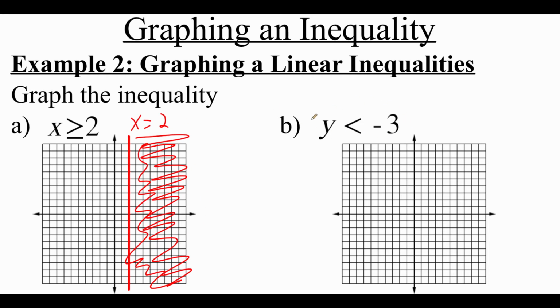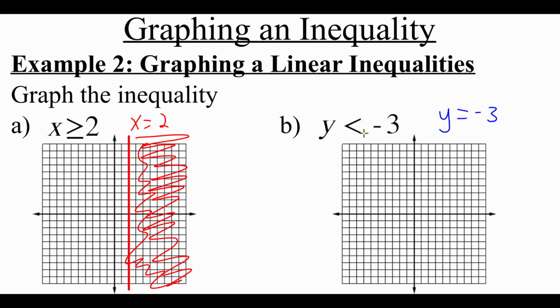Now for our second special inequality over here, we've got y is less than negative 3. And if we replace that inequality symbol with just an equal sign, this says y equals negative 3. Now, y equals a number is a flat horizontal line through that specific y value. So as we look at graphing this one out, we're going to have a flat horizontal line through the y value of negative 3.